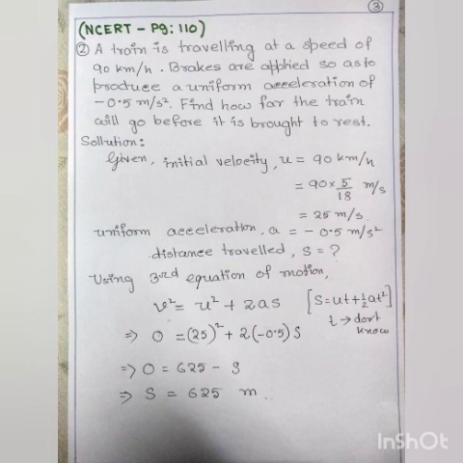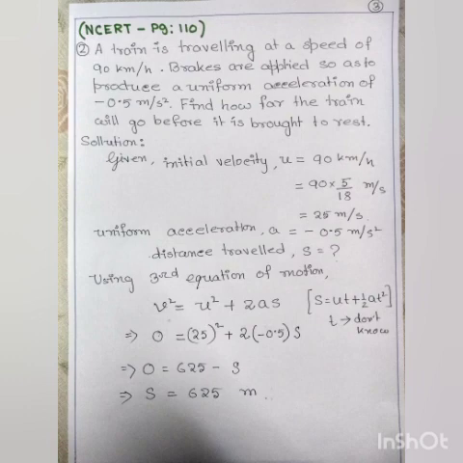Next, we have to find out the distance traveled here, that is s. Now, we will use the third equation of motion here, v square equals u square plus 2as. See, final velocity, as the train comes to rest, so final velocity here v equals 0.